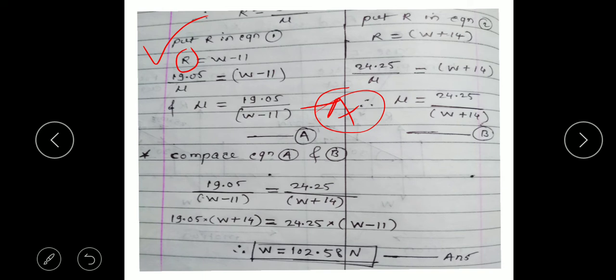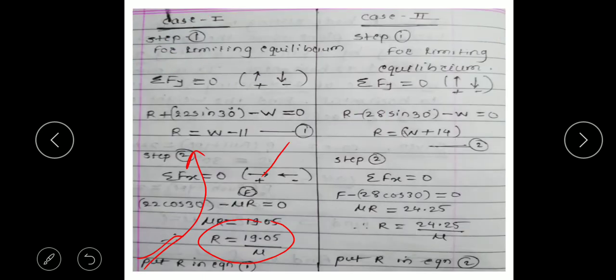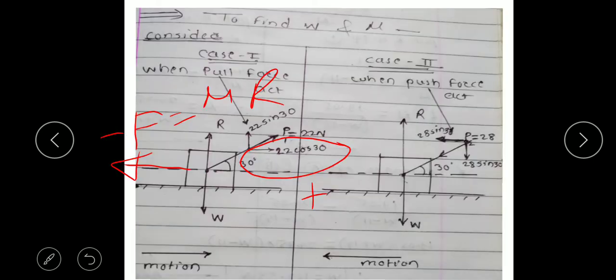Now come to the second case again. Again we will follow the same steps. Step 1, for the limiting equilibrium, do the summation of all vertical forces equal to 0. Up force means positive and down force means negative. Now second diagram. How many forces are here in a vertical direction?